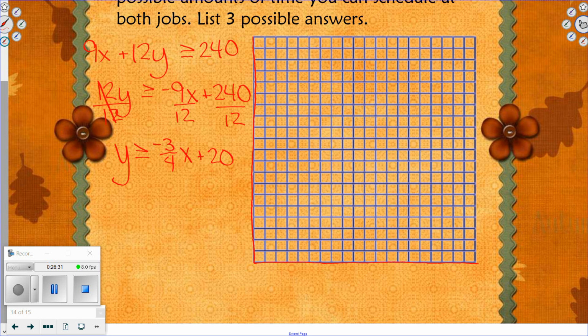So my starting point would be at 20. How many boxes are there? 20. So my first point is actually going to be way up here at the top. And from there, go down 3 and over 4. Down 3, over 4.